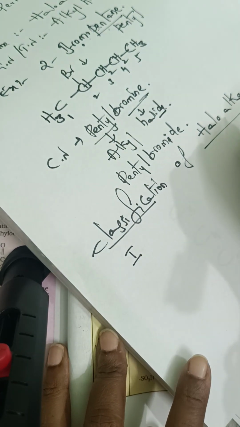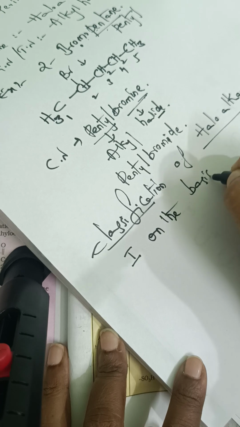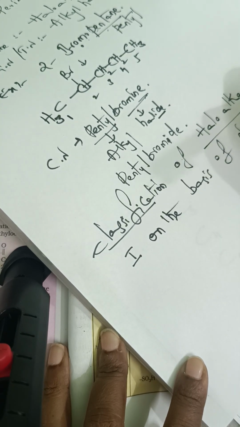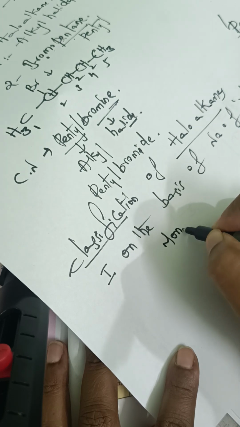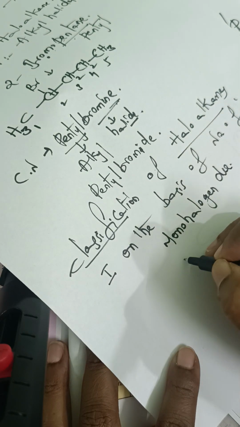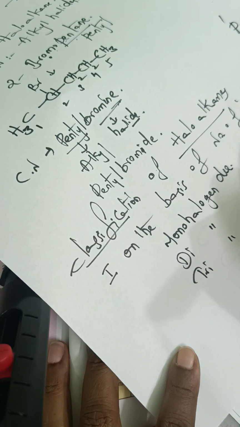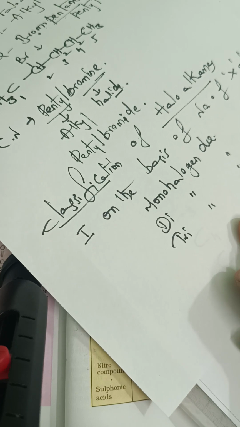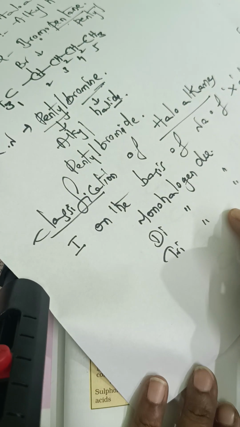These haloalkanes are classified on the basis of the number of halogen atoms. They can be monohalogen derivatives, dihalogen derivatives, or trihalogen derivatives. So this is based on the number of halogen atoms which are attached to the carbon atom.